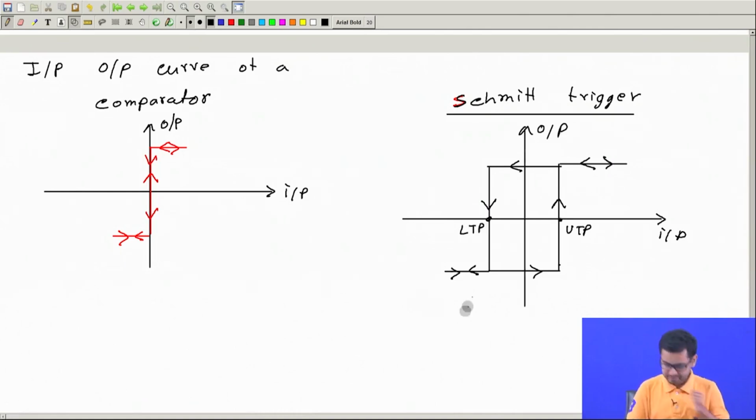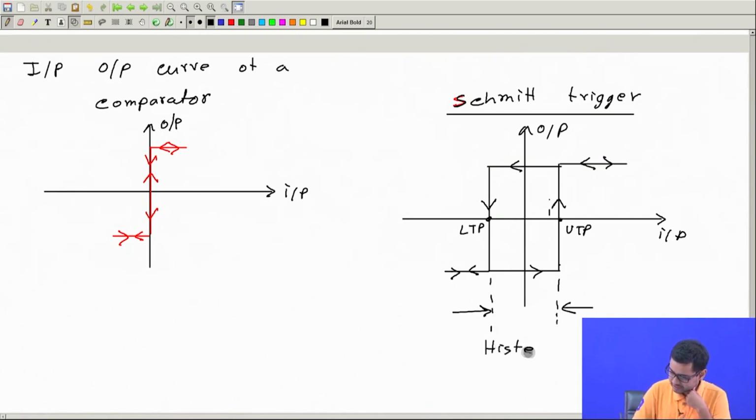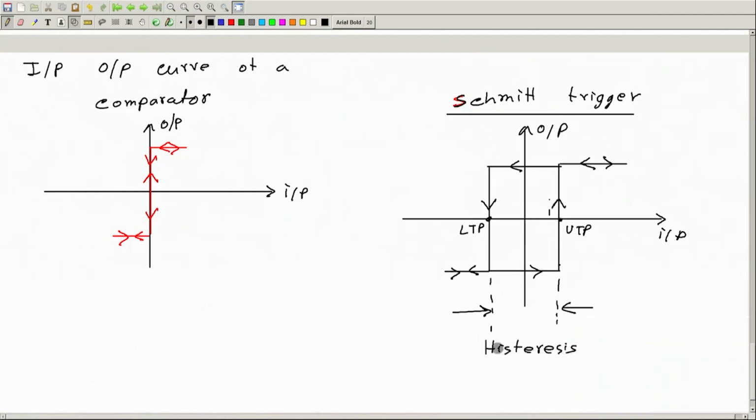So you observe that if you can change the lower trigger point and upper trigger point and bring them closer, okay, if you bring this line here and bring this line here, then this gap reduces. And this gap has a name. This gap is called hysteresis band, which is same as upper trigger point minus lower trigger point.